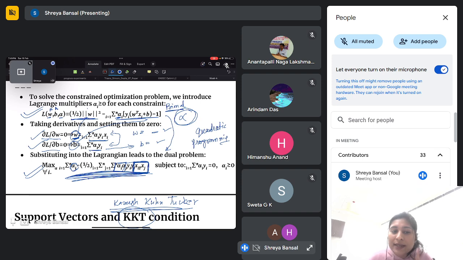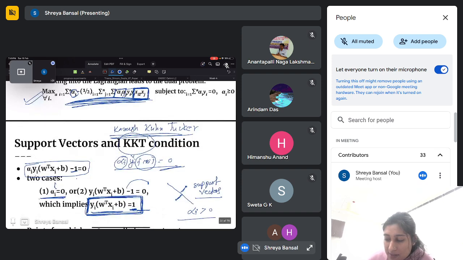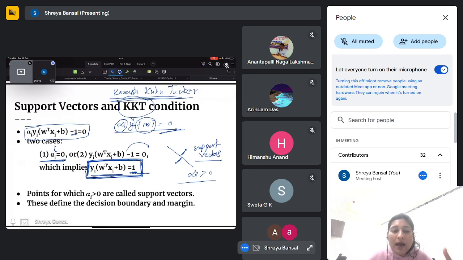According to KKT conditions, from this equation we are saying either alpha I is greater than 0 or equal to 0. If alpha is equal to 0, it means the points are behind the support vectors, other points which are not closest, which are farther from the boundary. And if alpha is greater than 0, it means it is on the support vectors.